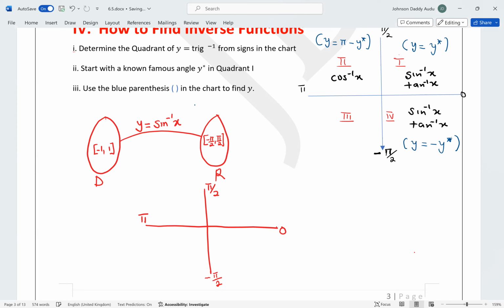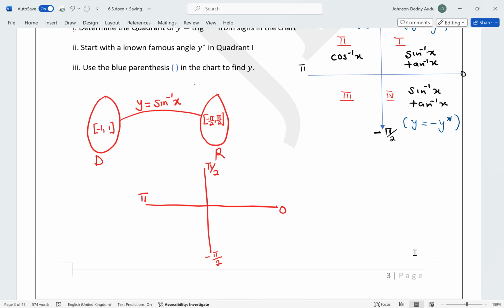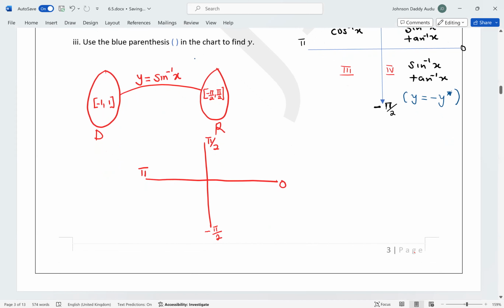So what does this tell us? Anytime you look for sine inverse of x, you are between -π/2 and π/2. It means you are somewhere here, because this is -π/2 and this is π/2.